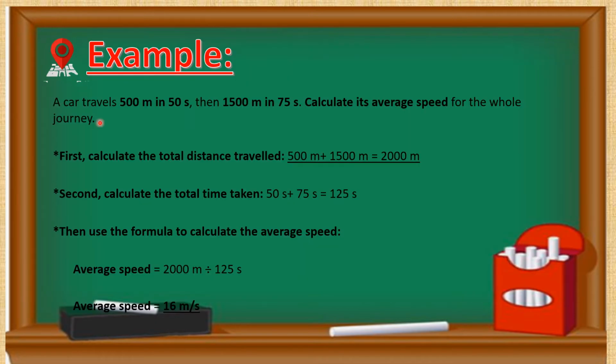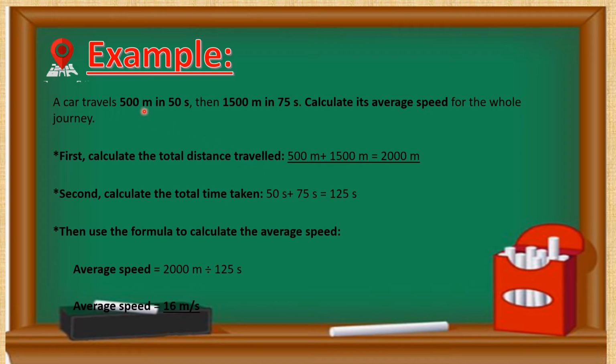Here we have an example. A car travels 500 meters in 50 seconds, then 1,500 meters in 75 seconds. Calculate its average speed for the whole journey. First, what we're going to do is calculate the total distance traveled. What is the distance here? How do we know that it is distance?